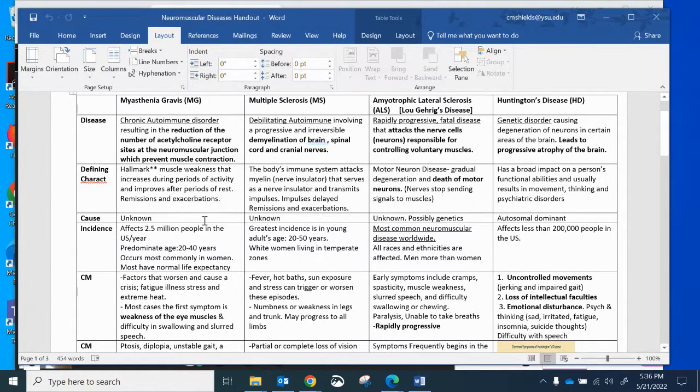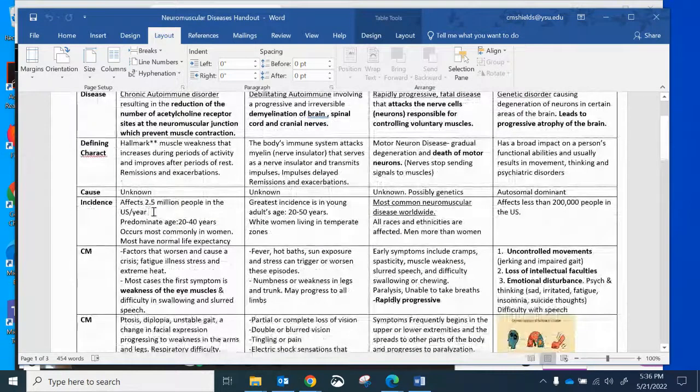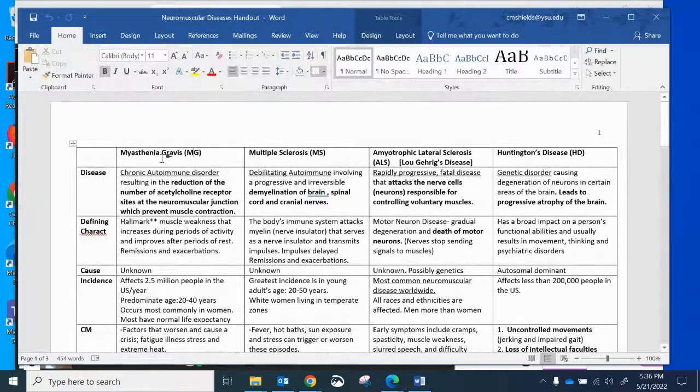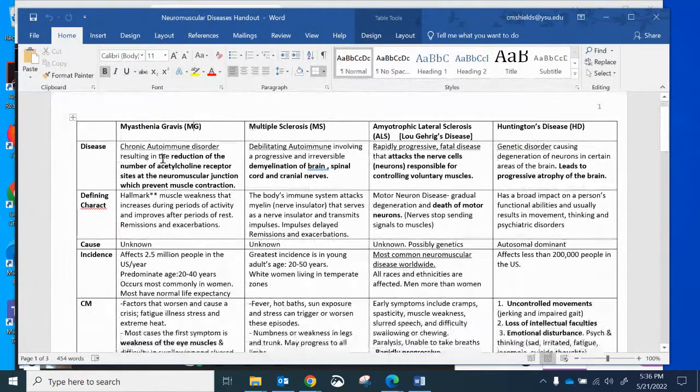These two are unknown. Incidence affects 2.5 million people in the United States every year, predominant age 20 to 40. It's really important to recognize that in regard to who gets myasthenia gravis, because generally people outside this age range don't have it.